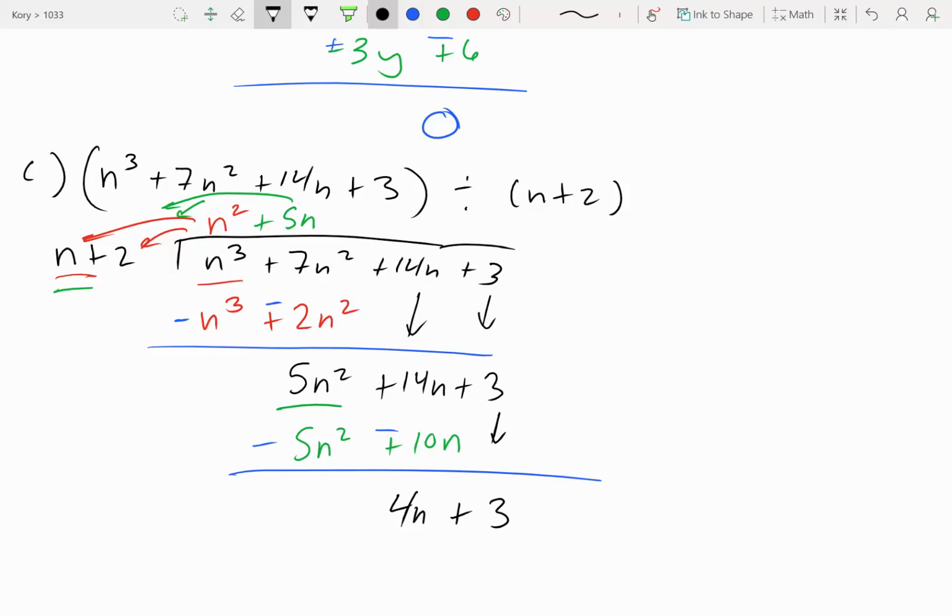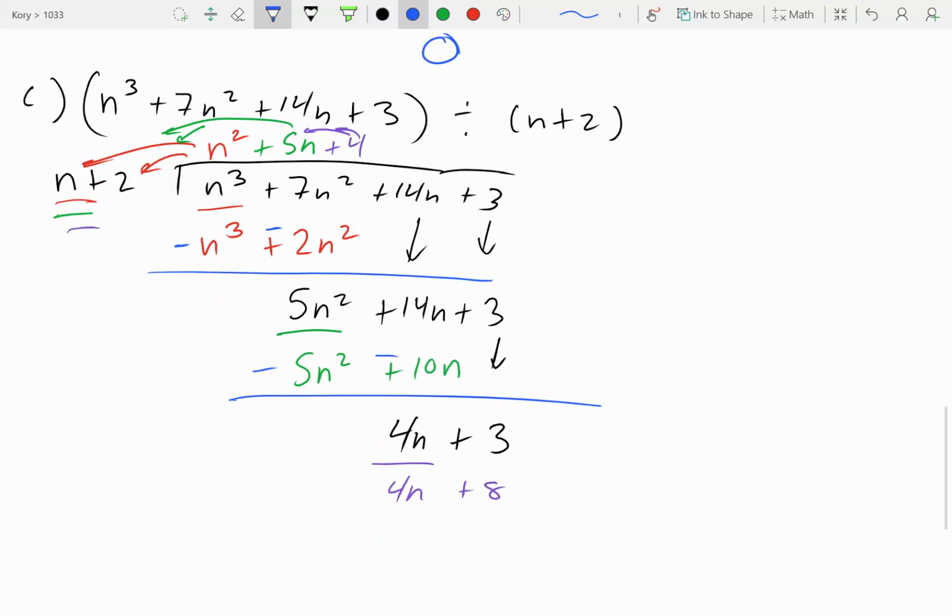Repeat the steps again. You do this until you can't anymore. So how do we make n be 4n? Well, we multiply by positive 4. We multiply it back out. We have 4 times n is 4n. 4 times 2 is 8.